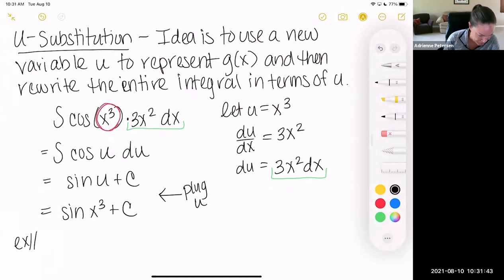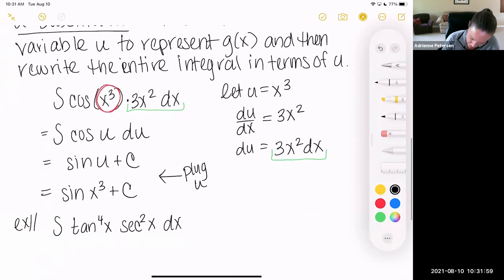So first one, the integral of tangent to the 4th of x times secant squared of x dx. I'm going to give you a little hint here.